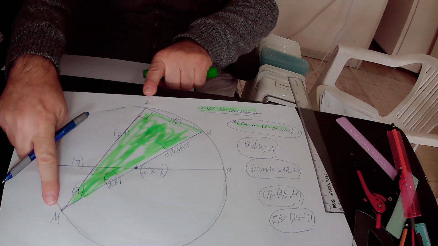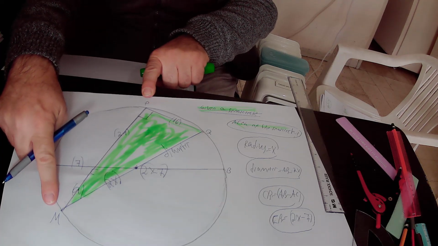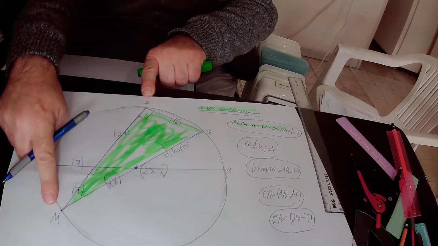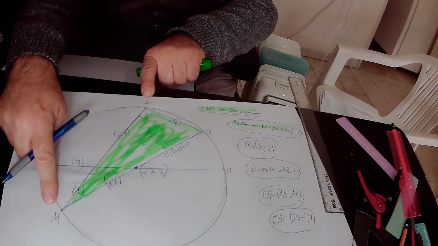PM in total is 21 plus a. PM equals PC, that is 21, plus CM, that is a. So in total PM equals 21 plus a. Therefore PM squared equals 21 plus a squared.